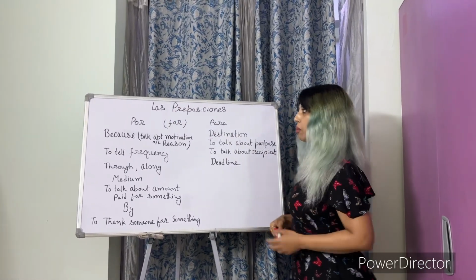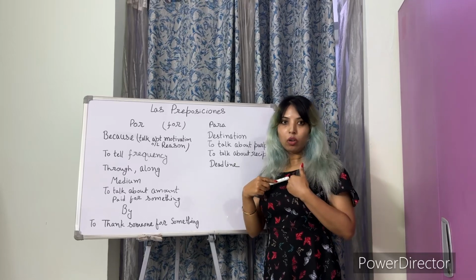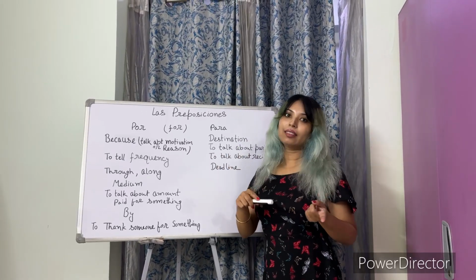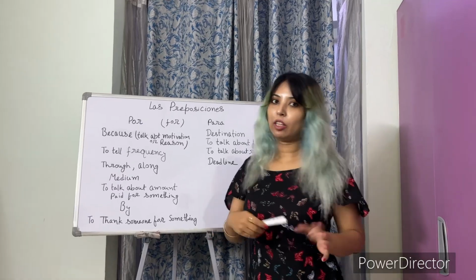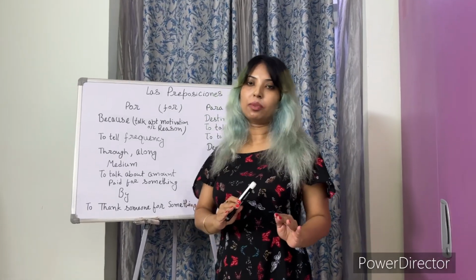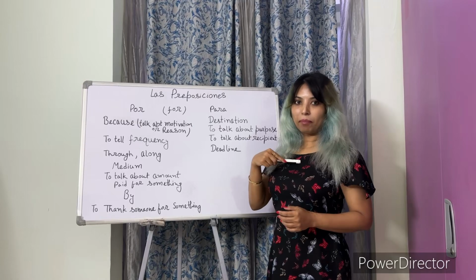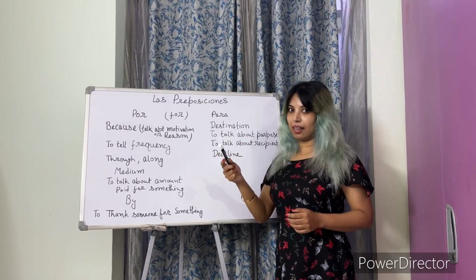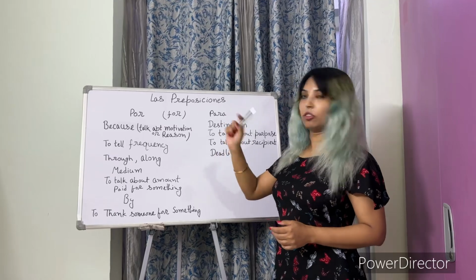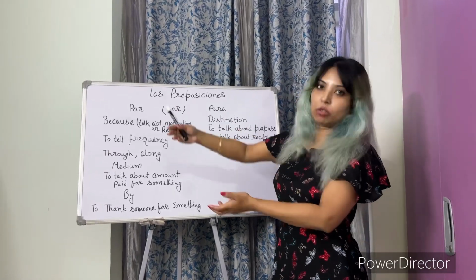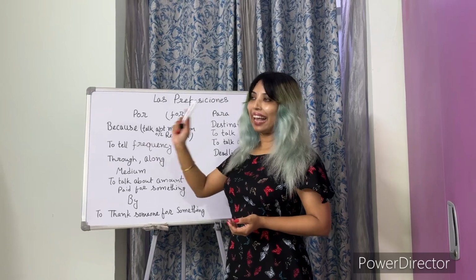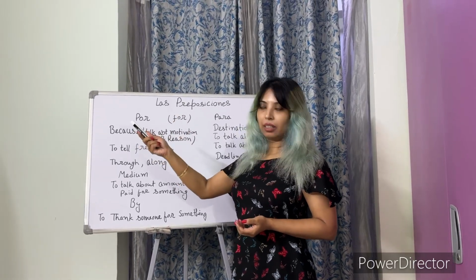So the sentence would be: yo me casé con él, I married him.